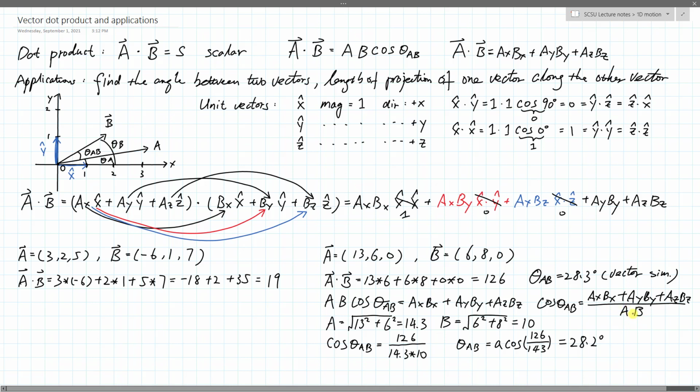So that is the cosine, and then we take the arc cosine to get the angle. Okay, this is still doable if you use your vector simulator as a cheat, but you cannot use that with these third dimension quantities. So let's just do it this way.